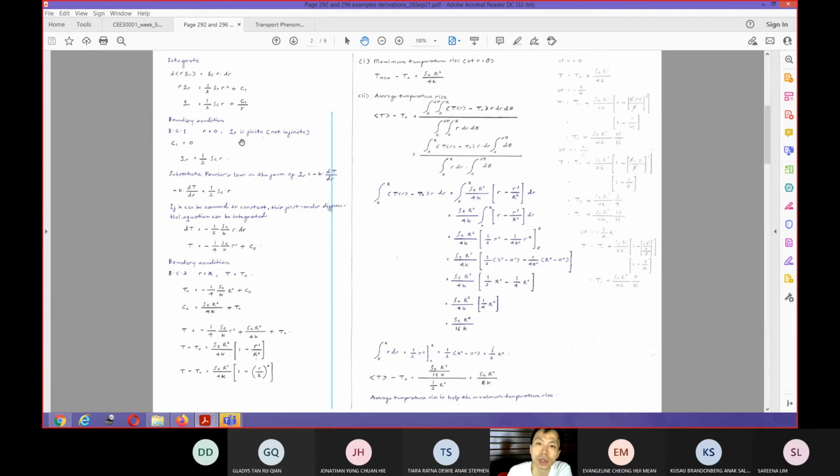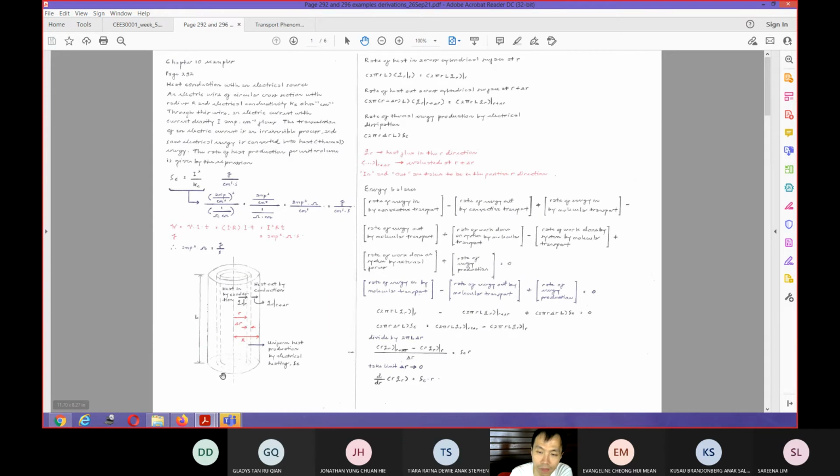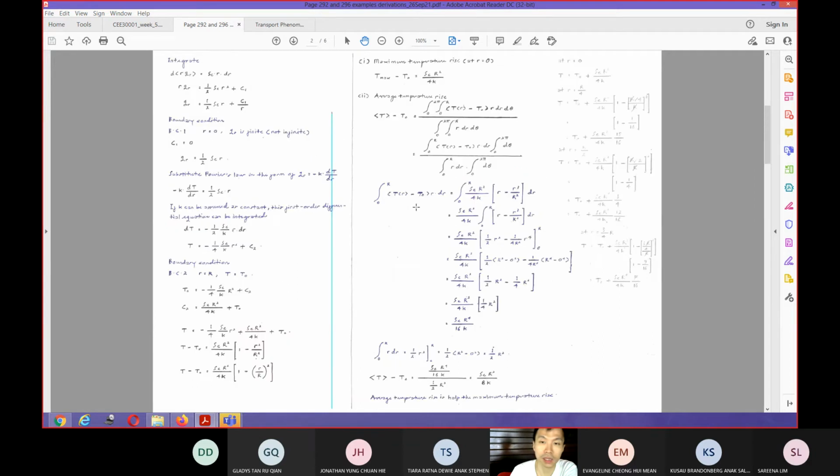Now, once we get these things in here, we want to find out the value of the C1. So then we can use the boundary conditions. The first boundary condition is at R equals 0, your heat QR is supposed to be finite. So at this center line in here, your Q cannot be infinite, because if it is infinite, then that will be wrong, because there is nothing infinite in real nature. So nobody can have infinite money.